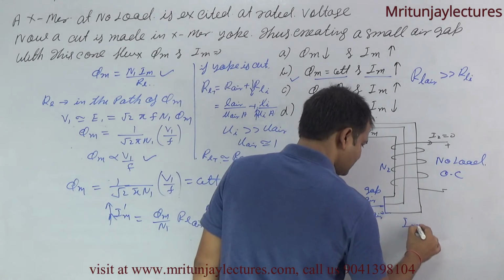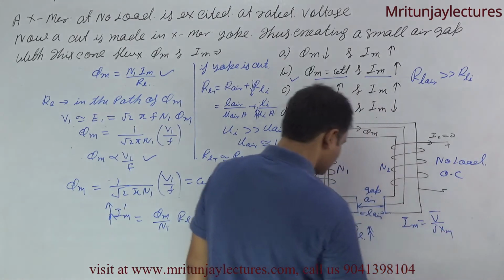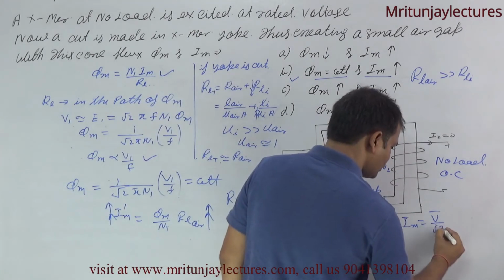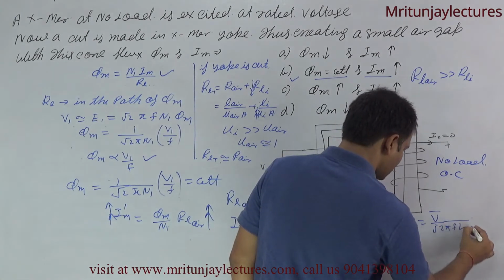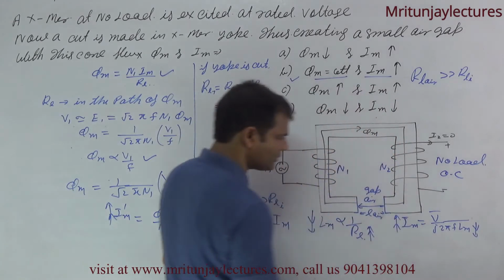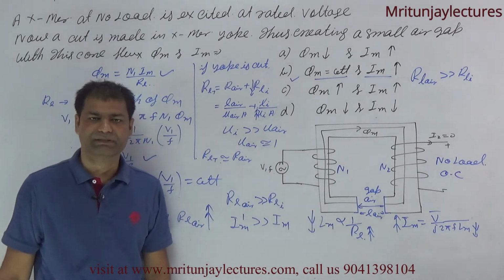I know that Im is equal to V divided by jXm, and jXm is also written as 2 pi f into Lm. If Lm decreases, what about Im? Also you can say that Im increases.